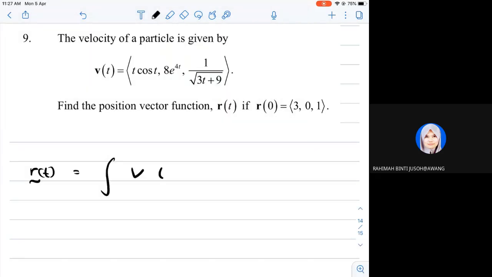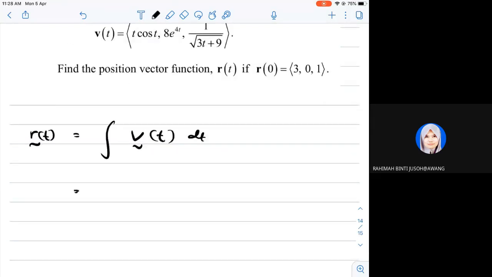I have to integrate the V(t). Ni complicated sikit sebab you kena guna integration by parts ni. So we have t cos t, e exponent 4t and then 1 over square root 3t plus 9, dt. Okay guys.